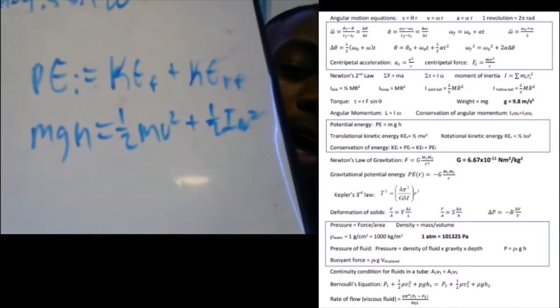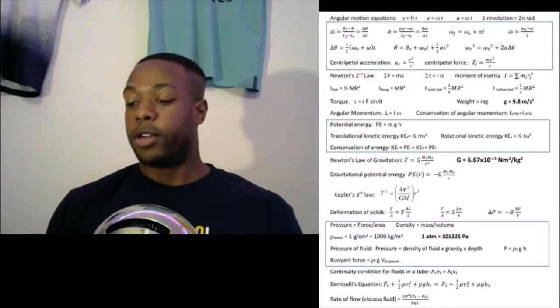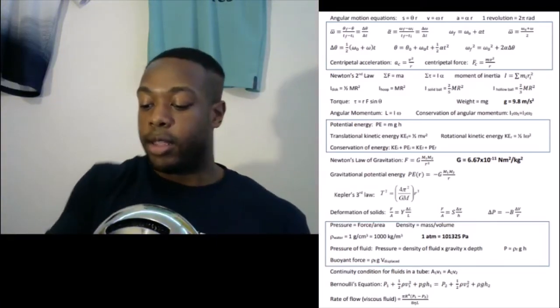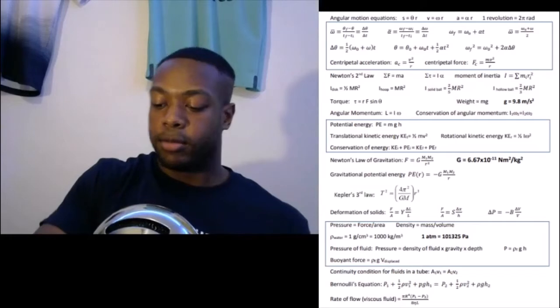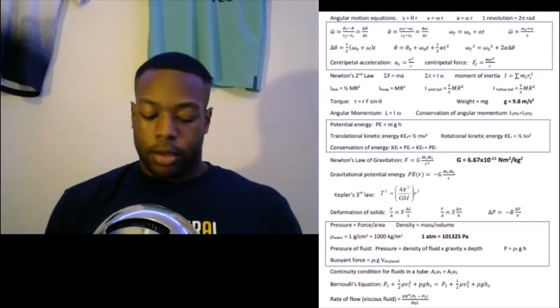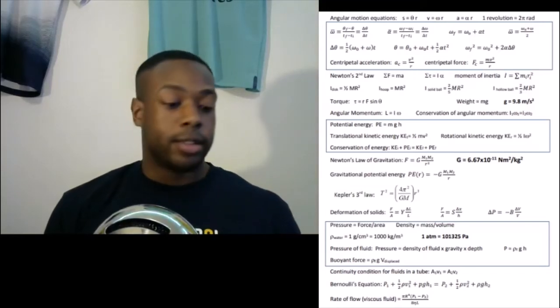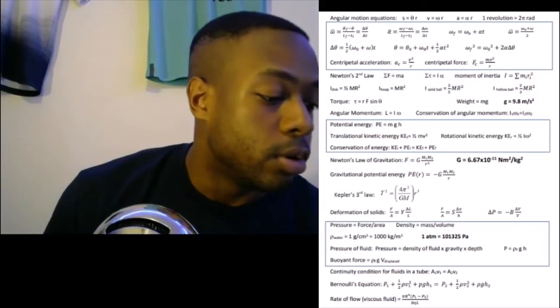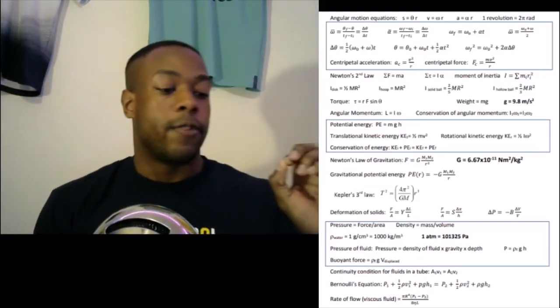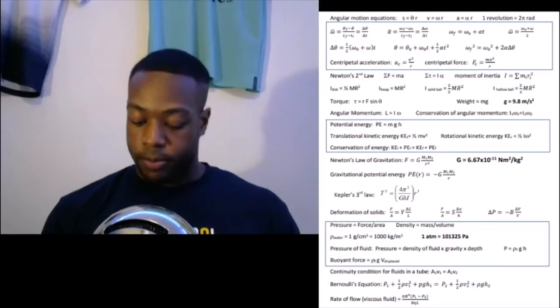We want to find the translational velocity first. I believe I said the center of mass's velocity. So we're going to change omega squared into velocity squared over radius squared, and I'll show you how we did that as well.